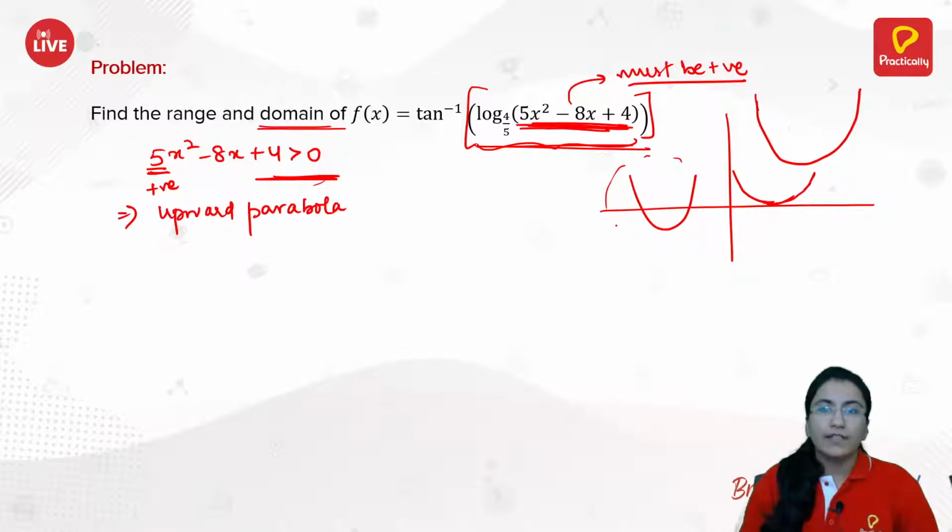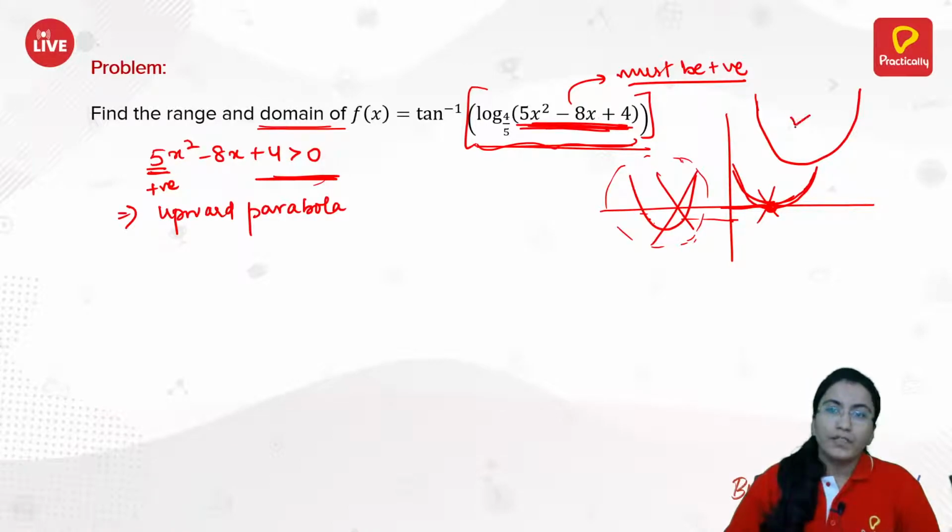If the graph cuts the x-axis, it also attains negative values, so this graph is rejected. If it touches the x-axis, it takes the value 0 at that point, so this graph is also rejected. So we have only one case.